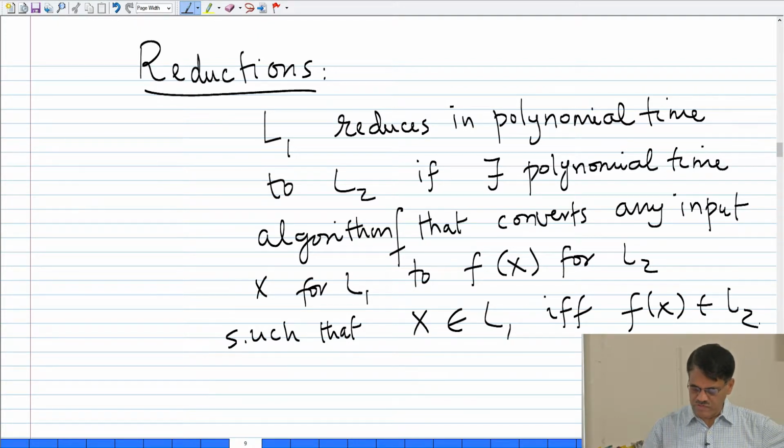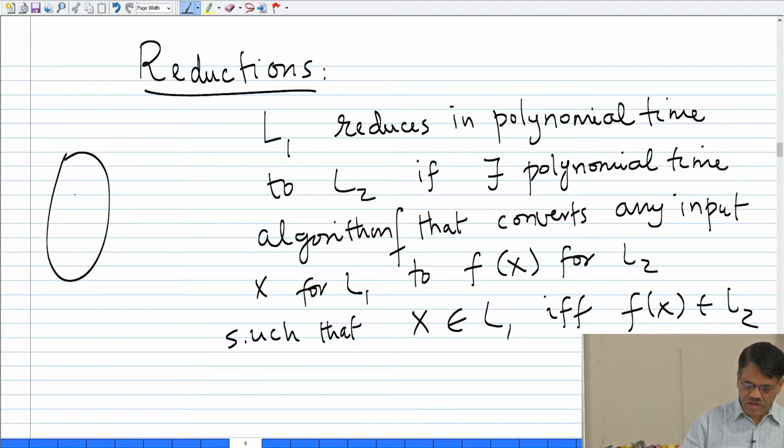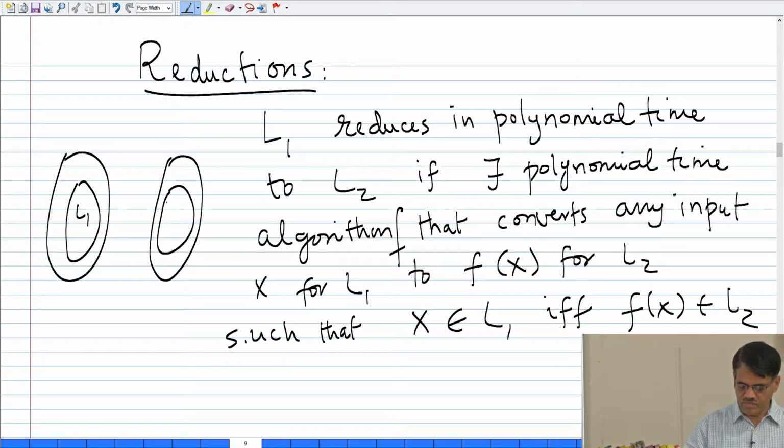Okay, so I didn't say things precisely. Remember the way I defined what a problem is, in terms of a language. Here is the set of all instances for my problem.